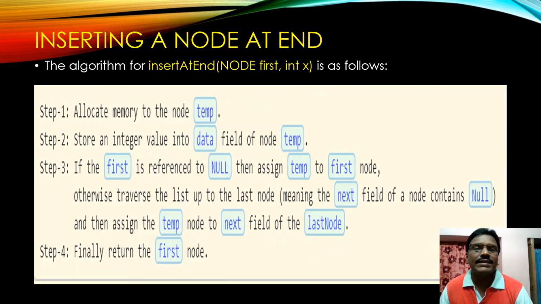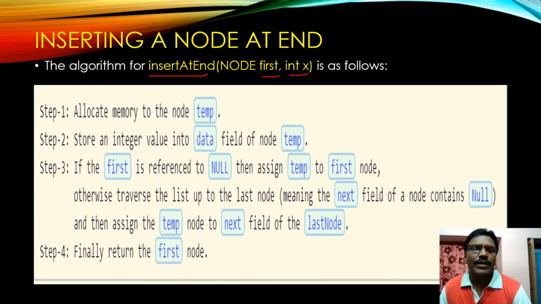Now I discuss insert a node at end. In this algorithm, insert at end is the function, and node first is one argument and int x is another argument. The first is representing the first location of the single linked list. Int x is representing the actual data.